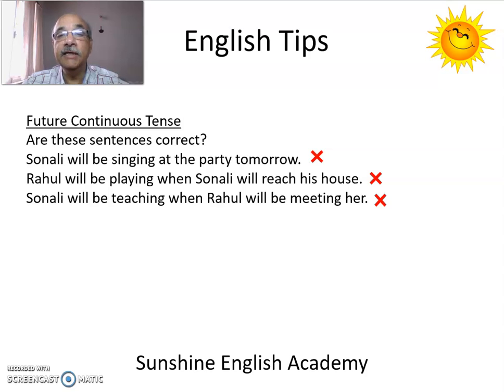Whereas Sonali will reach his house is the simple future tense. Moreover, we cannot have will in the sentence two times. Will must appear only once in the sentence. So the correct sentence would be Rahul will be playing when Sonali reaches his house.